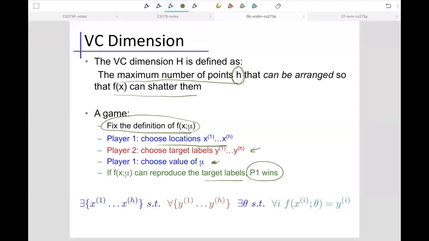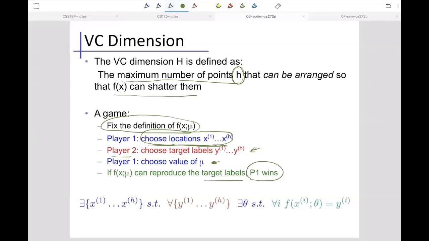Player one is always trying to identify a set of locations, and he or she expects that no matter how you change labels, the classifier can always correctly label them. So it's important to choose the optimal set of H points such that for any choice of class labels, you can predict them. Player two's point is this: if you give me a particular choice of locations for the data points, I will try to assign you the most challenging target labels such that you fail to classify them.